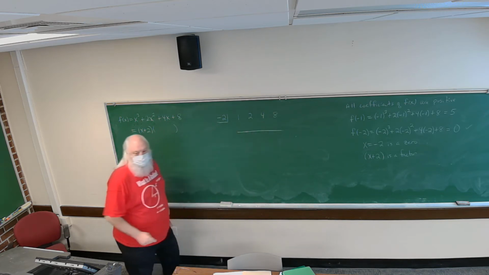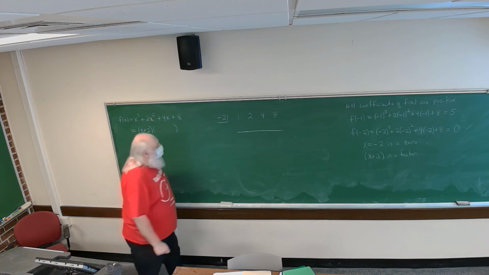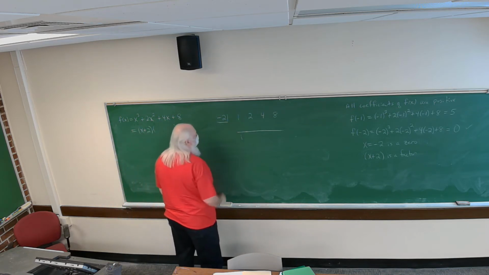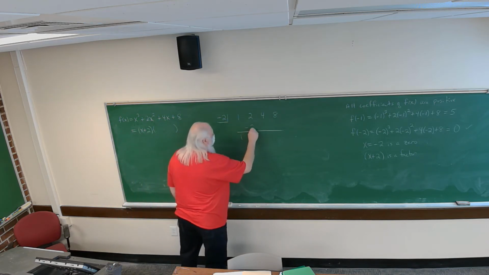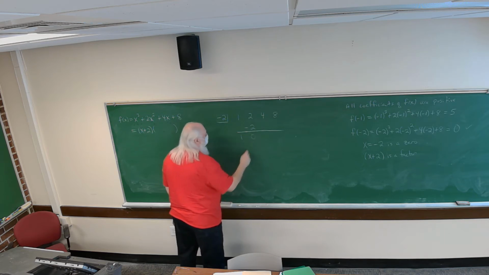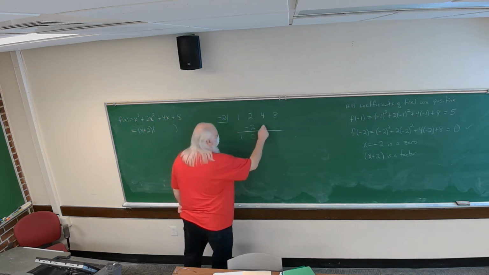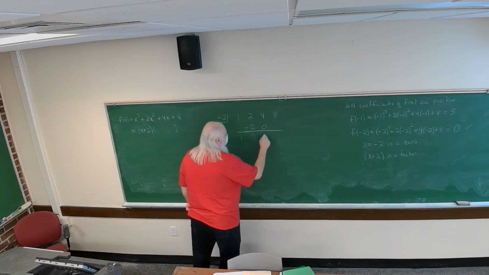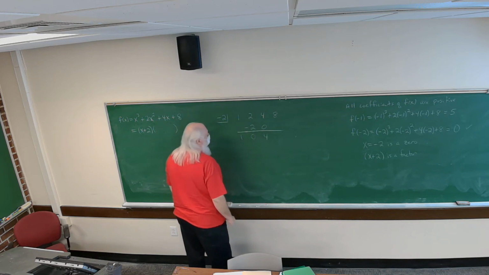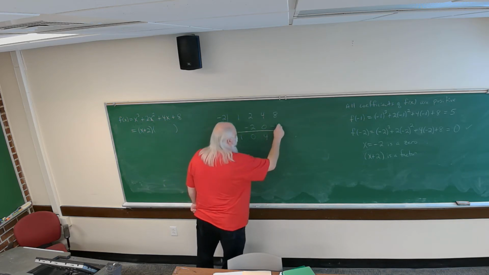Now you know the procedure for synthetic division. Bring down the 1. -2 times 1 is -2. 2 minus 2 is 0. -2 times 0 is 0. 4 plus 0 is 4. -2 times 4 is -8. And 8 minus 8 is 0.